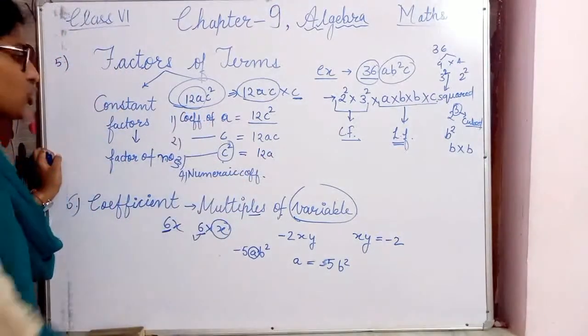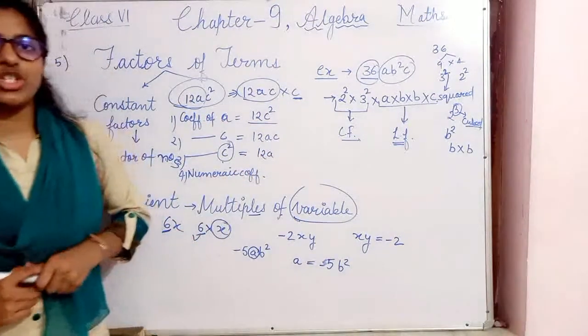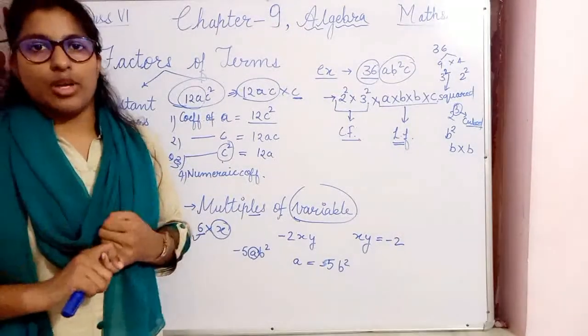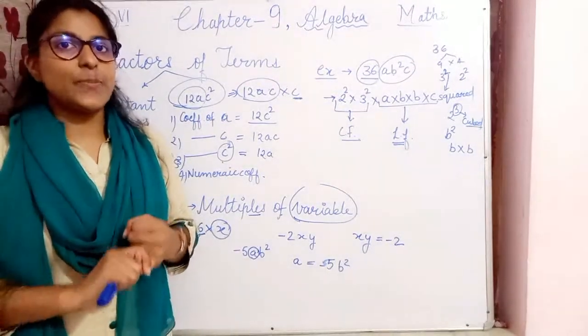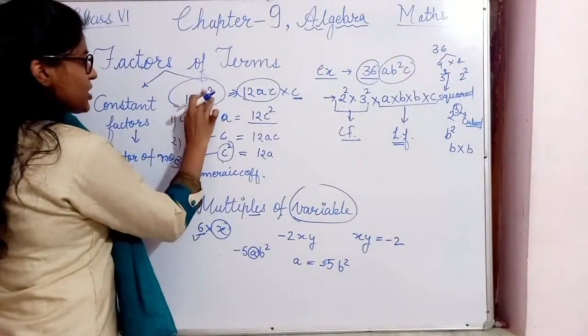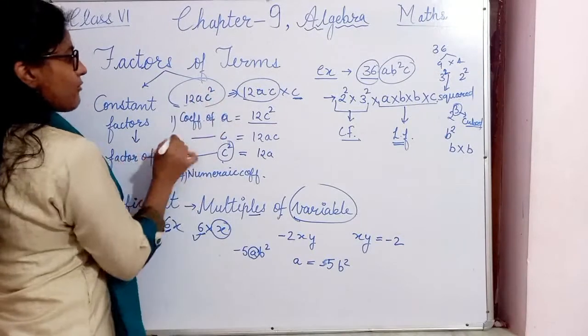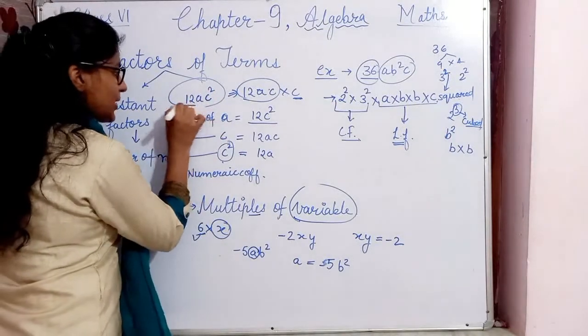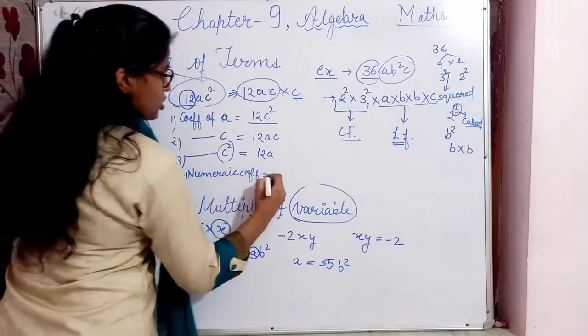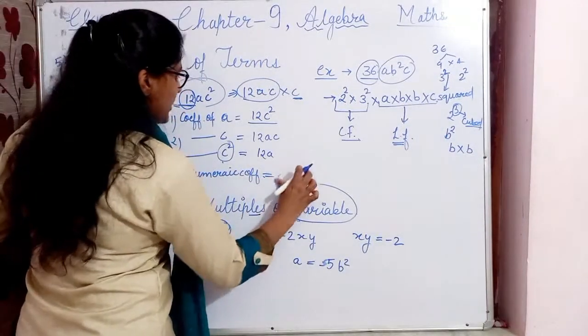And the last is numeric coefficient. When the question asks about the numeric coefficient, we always write the number, the constant, which plays the role of multiple here. In 12ac square, 12 is the constant. So this is the numeric coefficient. What is the numeric coefficient of 12ac square?